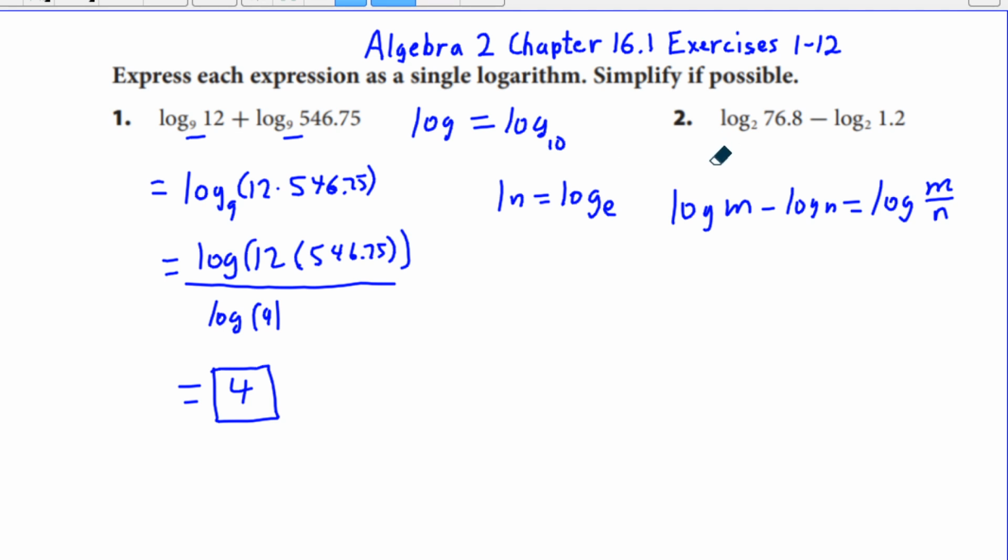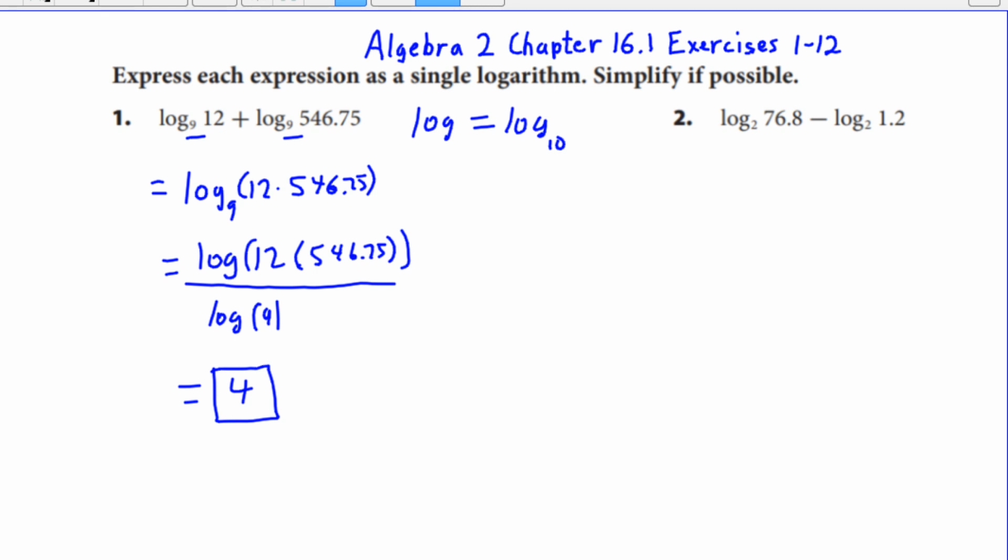Okay, let's go to problem 2, properties of logarithms. That's what we're looking at here. So we have problem 2, log base 2 of 76.8 minus log base 2 of 1.2. We're going to combine these as a single logarithm. So let me go ahead and make some room by erasing this here.